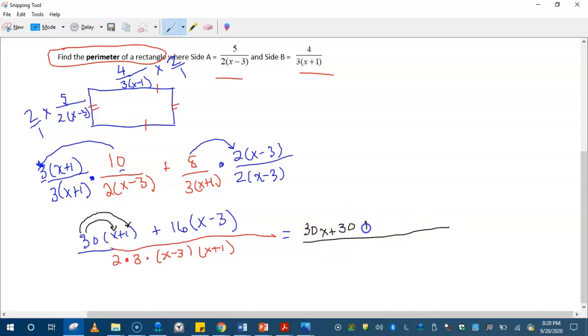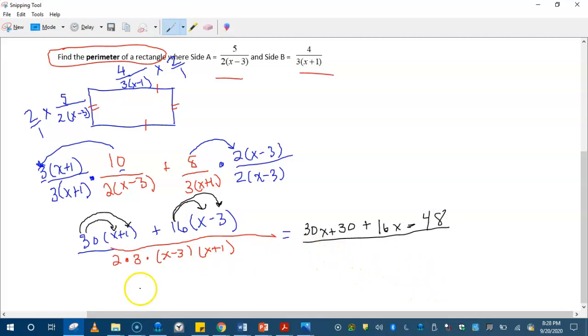And that's plus, I would have a 16 times x and a 16 times negative 3. 16 times x is 16x. And a 16 times a negative 3 is going to be, what do we got? 48. Okay, so I got negative 48.